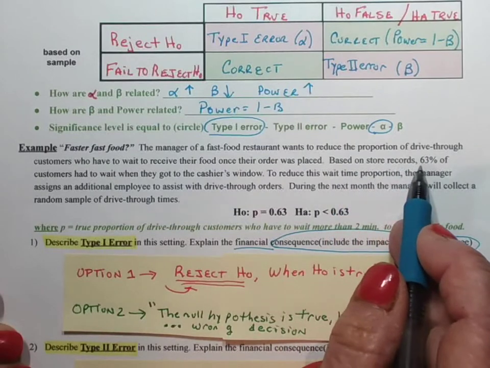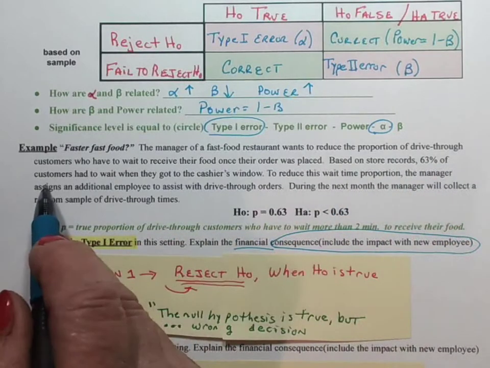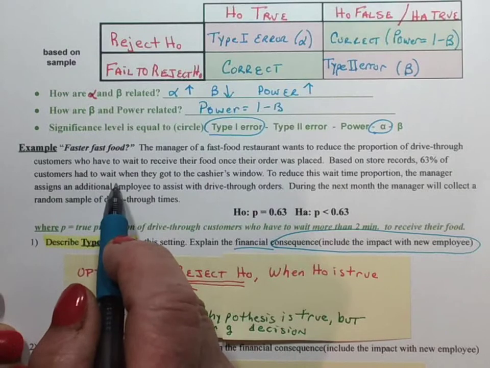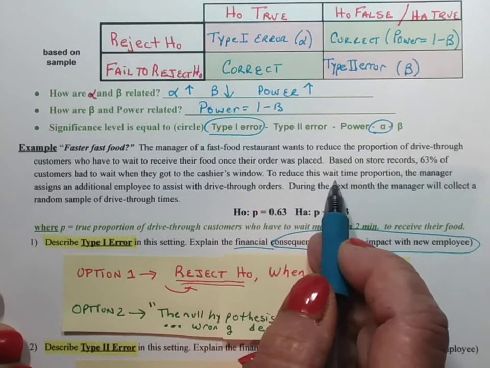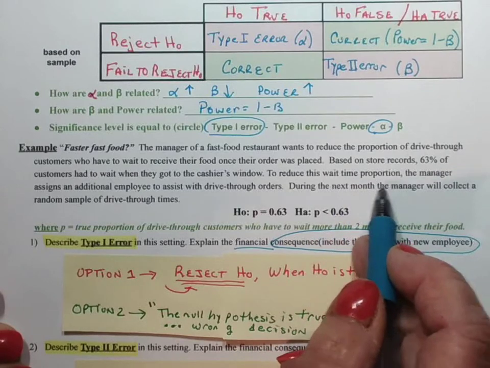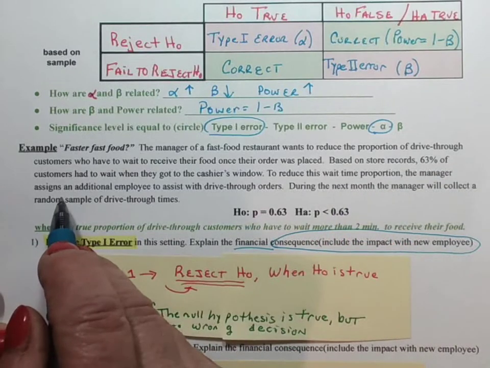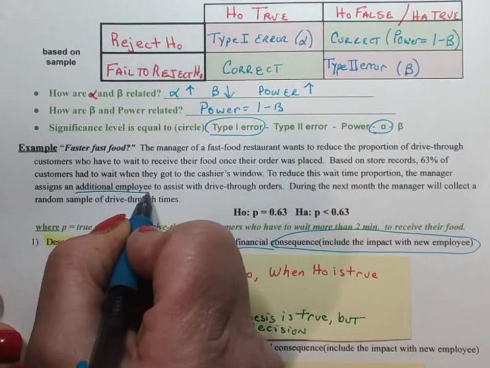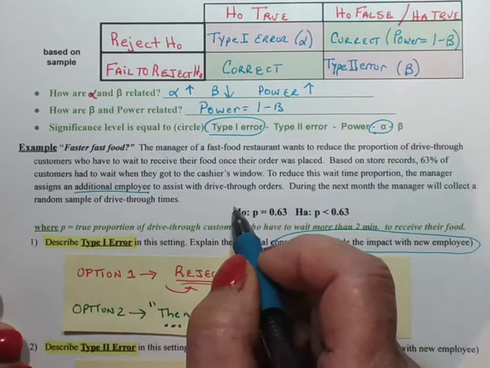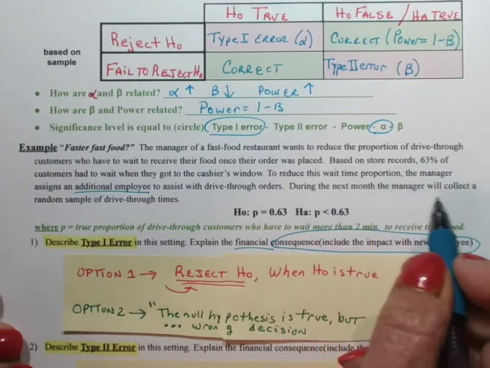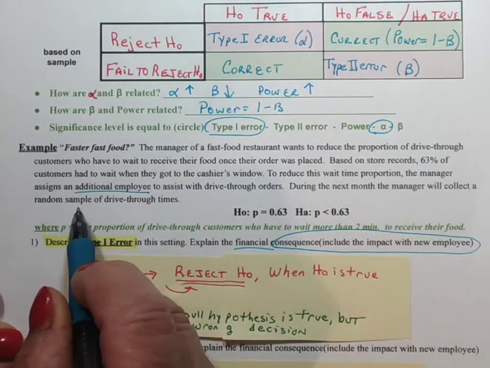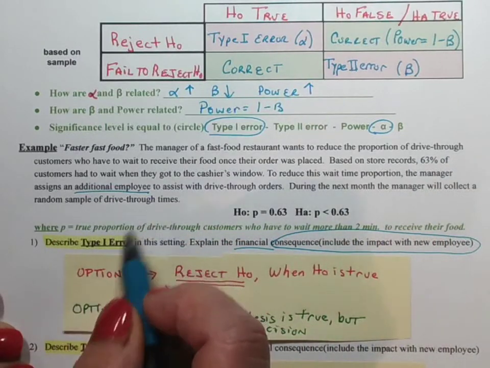Based on store records, 63% of the customers had to wait when they got to the cashier's window. To reduce this wait time proportion, the manager assigns an additional employee to assist with the drive-through orders. During the next month, the manager will collect a random sample of drive-through times.